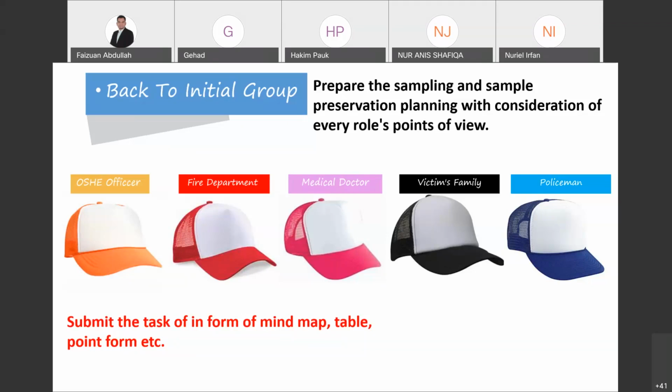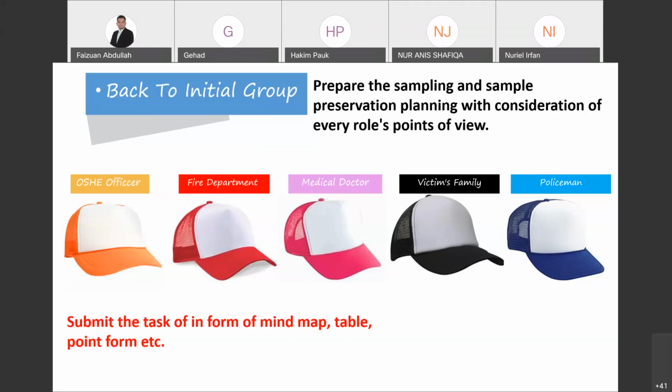I think these activities are for this whole week. You can discuss anytime that you have planned, in your initial group or in your similar roles group. I give one week for this assignment.